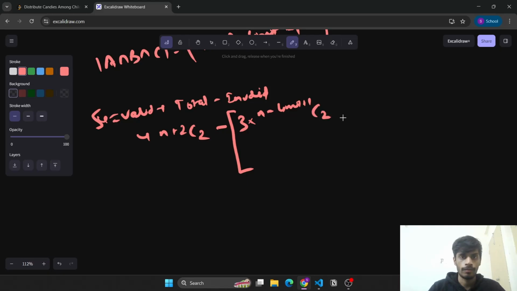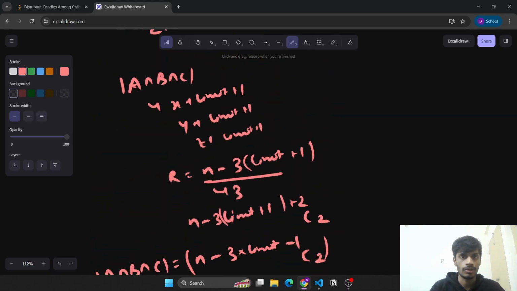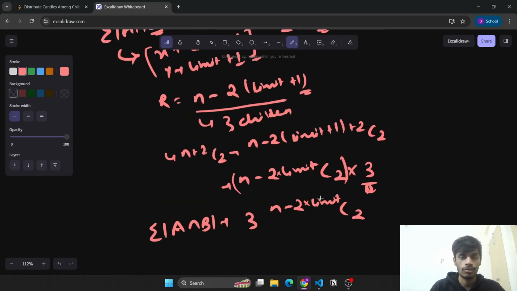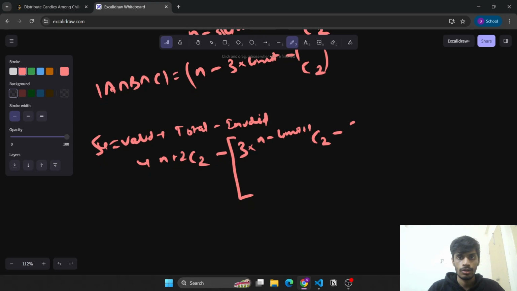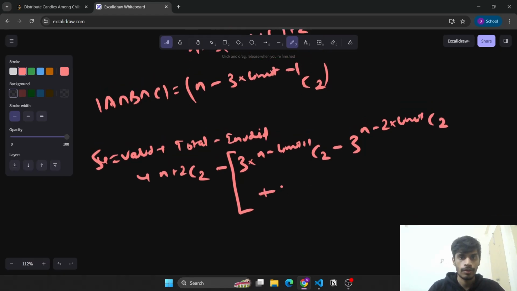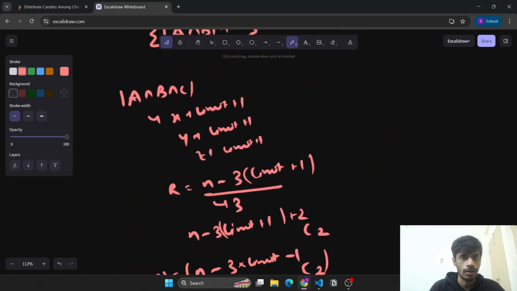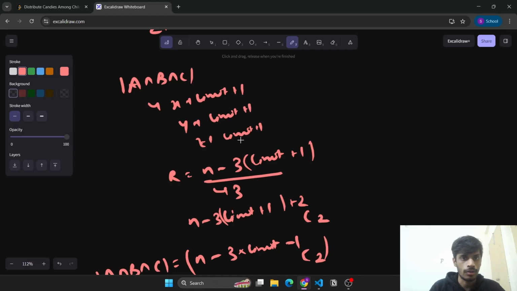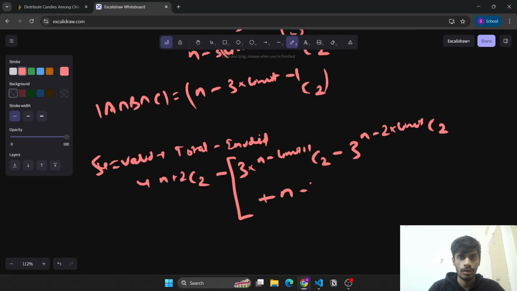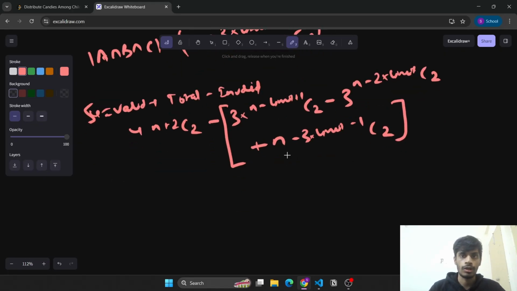Then we would subtract 3 into n minus 2 into limit c2. And then we need to add a intersection b intersection c, which is simply n minus 3 into limit minus 1 c2. So this would be the overall formula that we'll use to solve this problem.